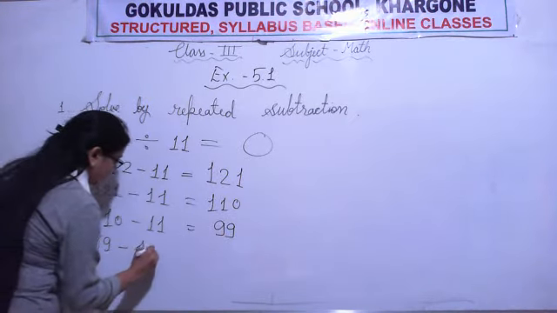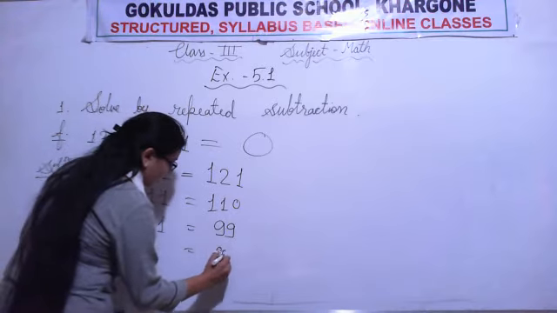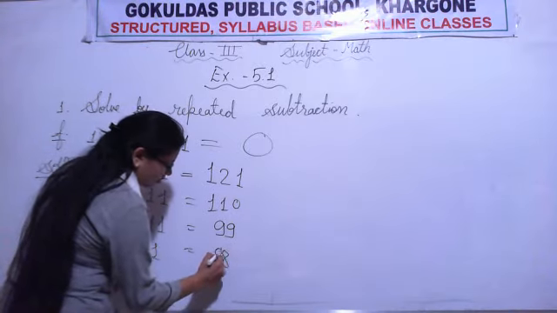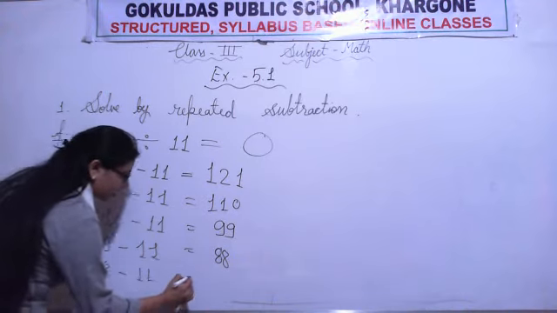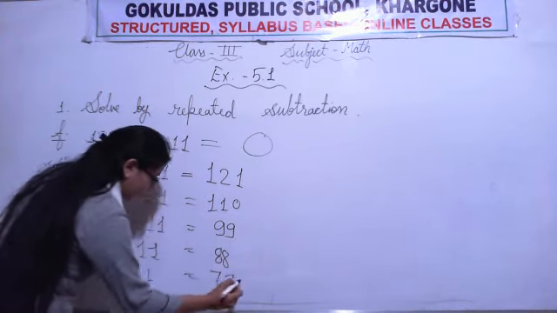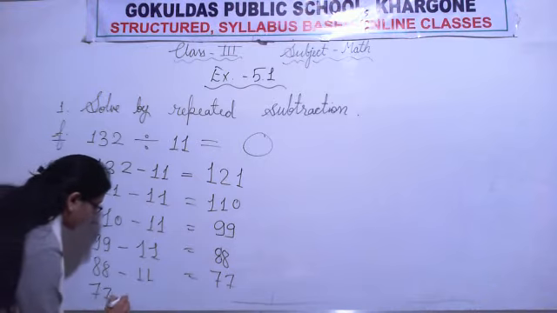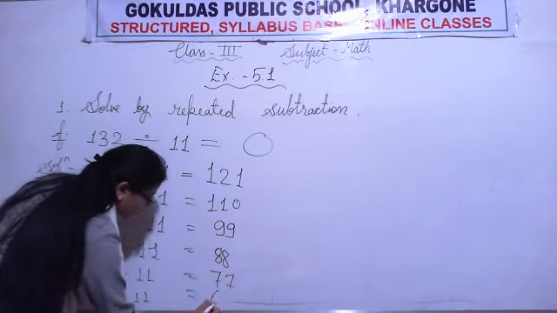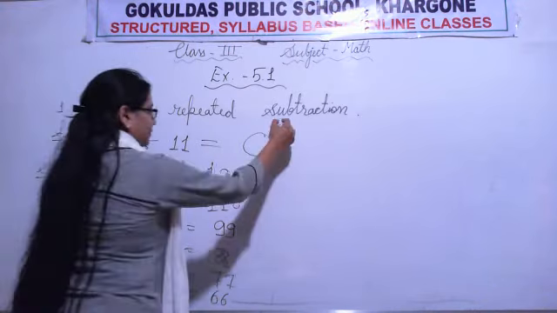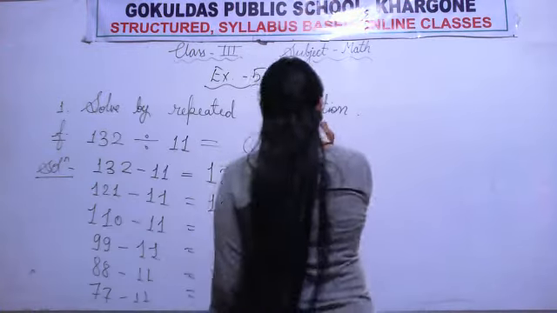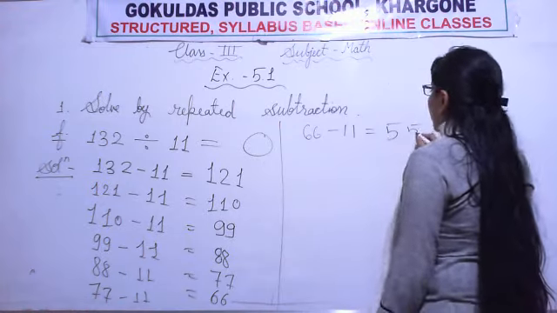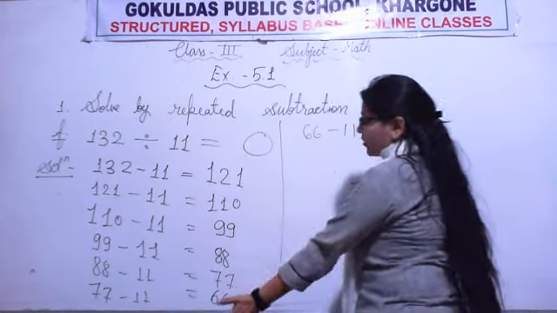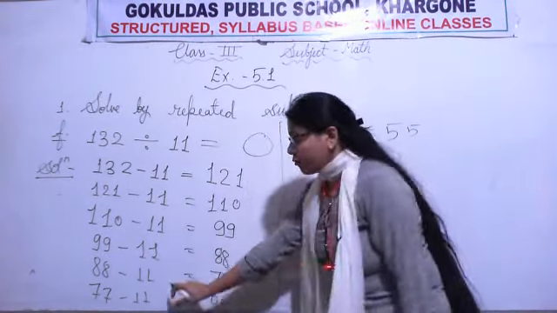99 minus 11 is equal to 88. Now 88 minus 11 is equal to 77. 77 minus 11 is equal to 66. Now 66 minus 11 is equal to 55. Once again students, these steps you need to write down below this, okay?